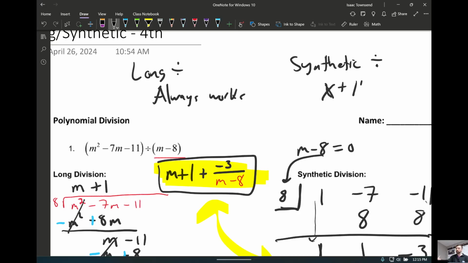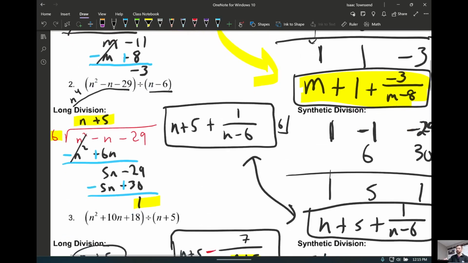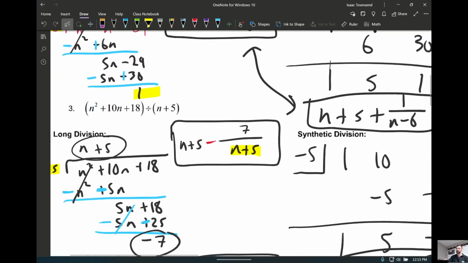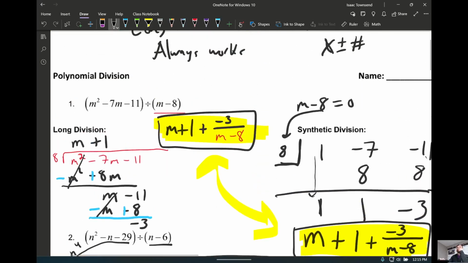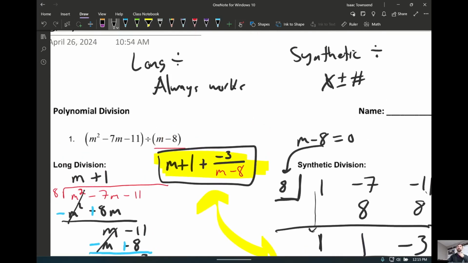X plus a number or x minus a number. Like m minus 8 is fine, n minus 6 is fine, n plus 5 is fine, but if this was m squared minus 8, it doesn't fit this format. It's got to be a variable plus a number or a variable minus a number. That's what you have to divide by. You can't divide by quadratics and other polynomials with synthetic division.